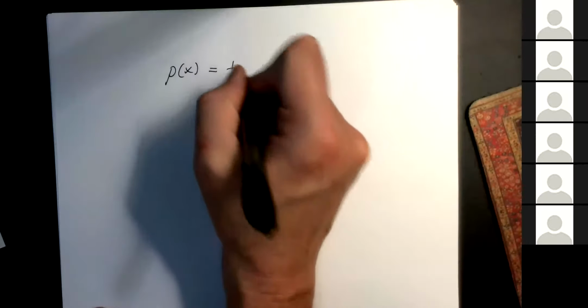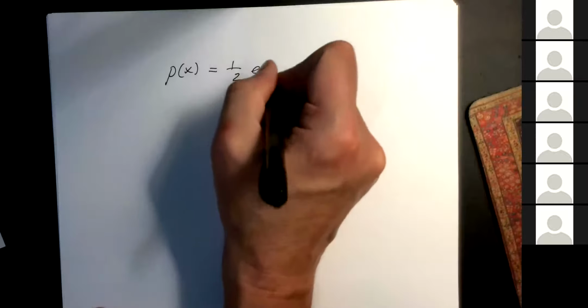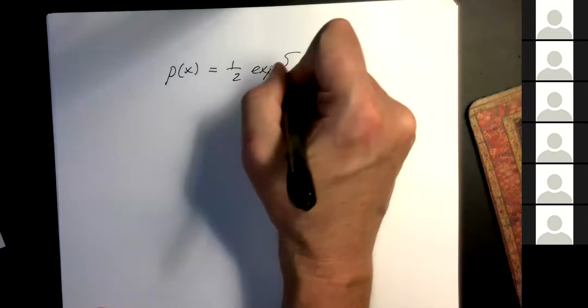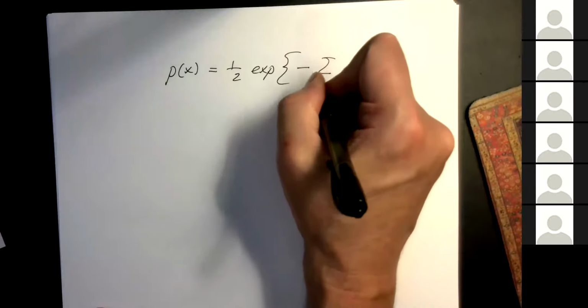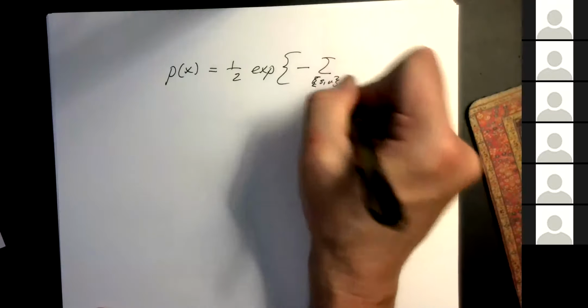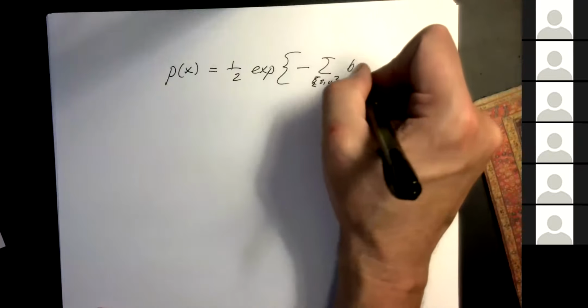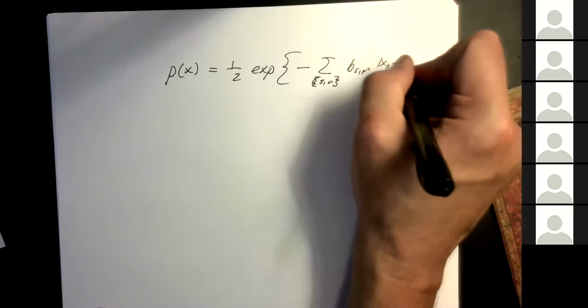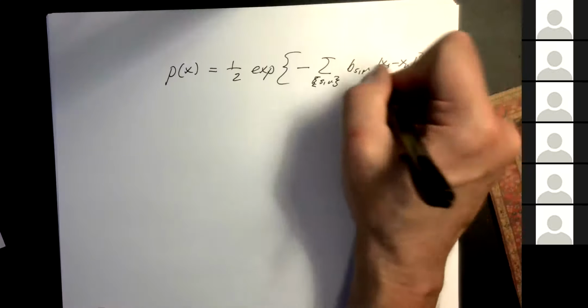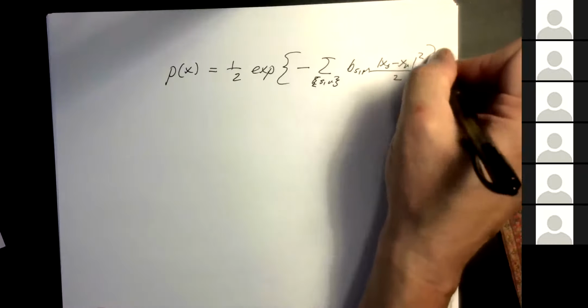Okay, so the general form that we consider is P of X equals 1 over Z exponential of minus the sum over all S and R of B_SR times (X_S minus X_R) squared over 2.